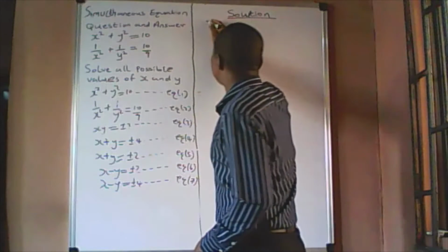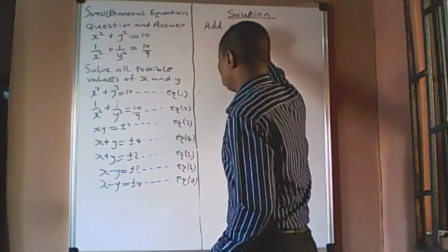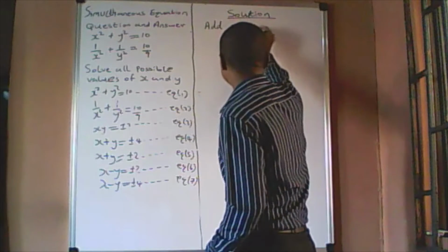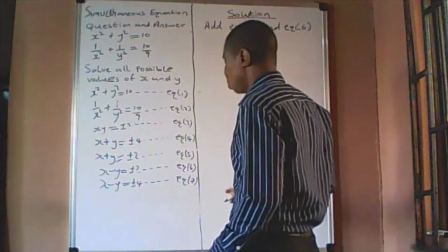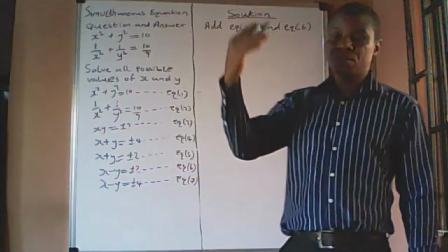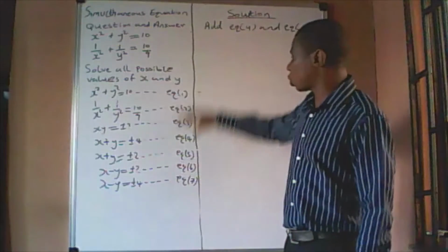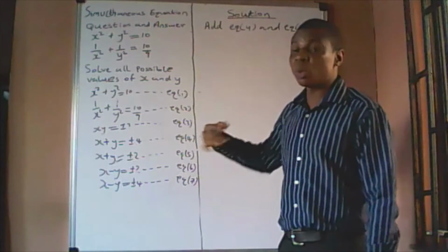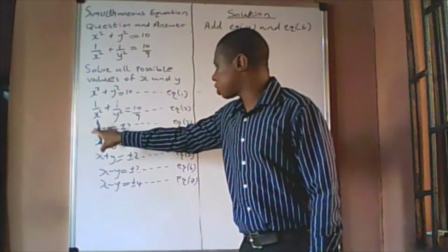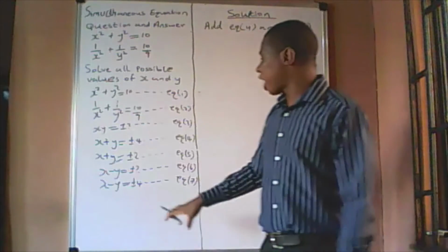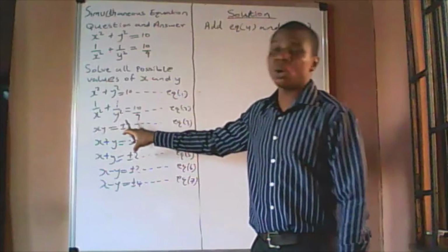Now, add equation 4 and equation 6. Why should we add equation 4 and equation 6? What's the reason? Because we derive equation 4 and equation 6 when we substitute x times y equal to plus 3, and we derive equation 5 and equation 7 when we substitute x times y equal to minus 3.